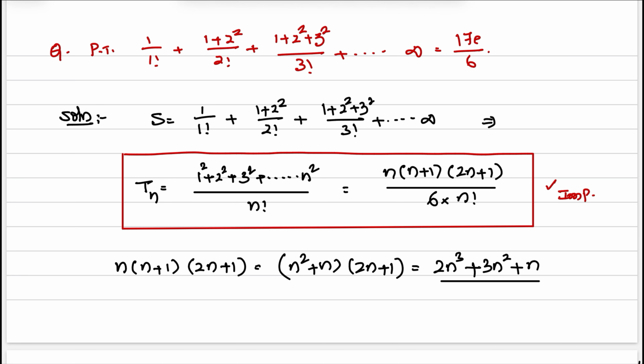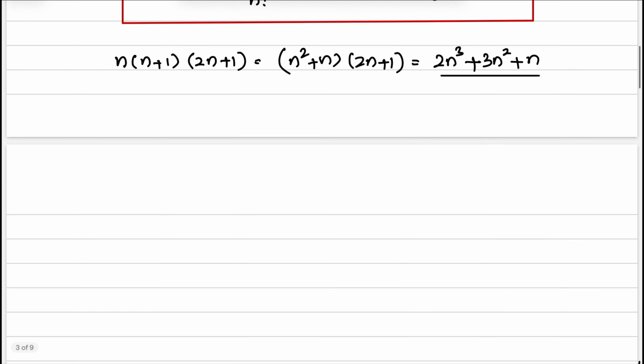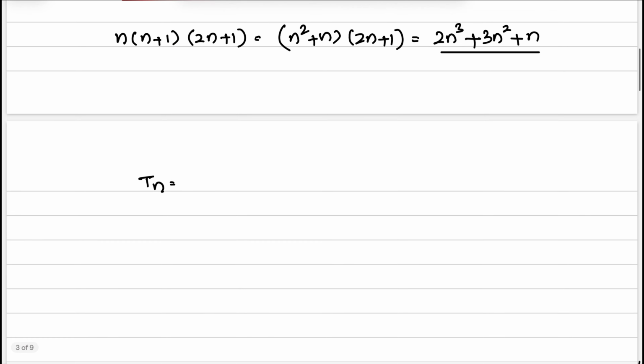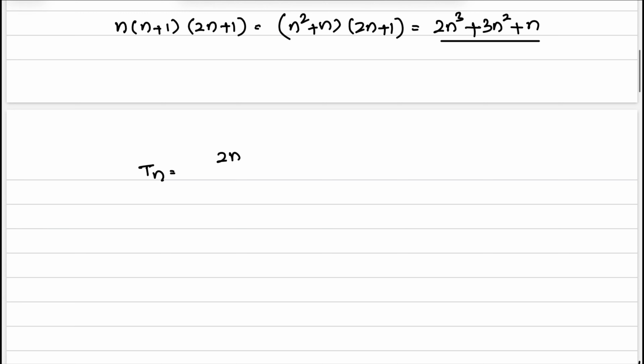The denominator doesn't change, it is 6 into n factorial. Now, what will be Tn? The nth term is (2n cube plus 3n square plus n) whole divided by 6 into n factorial.